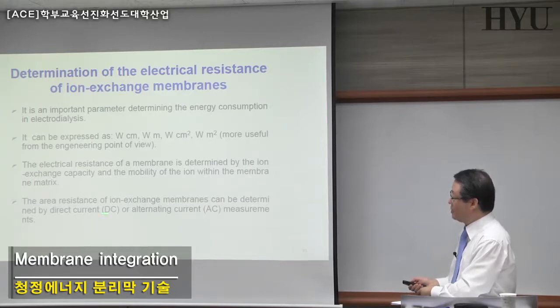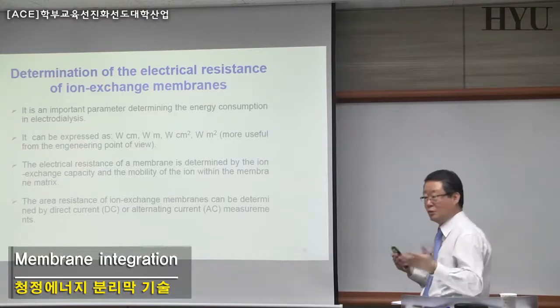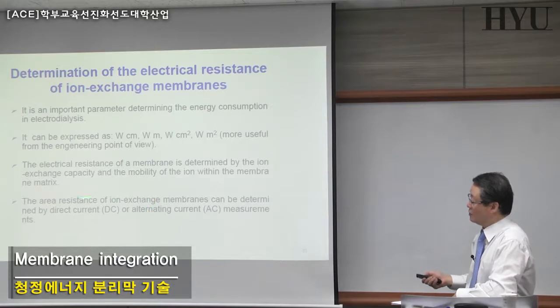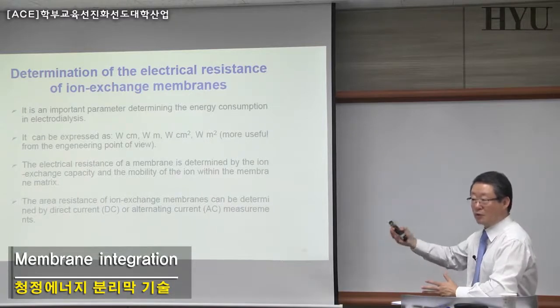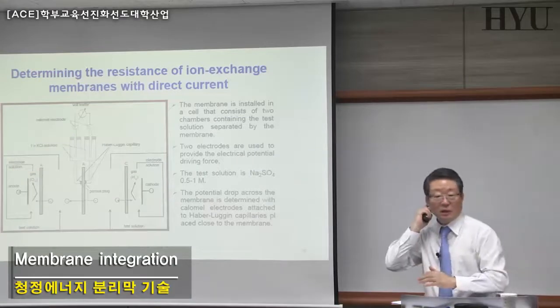By applying those two currents, you need to measure the area resistance of the membrane as well. So we need to know electrical resistance, area resistance, IEC and the mobility to determine any of those electrical properties of the membranes containing the ions.